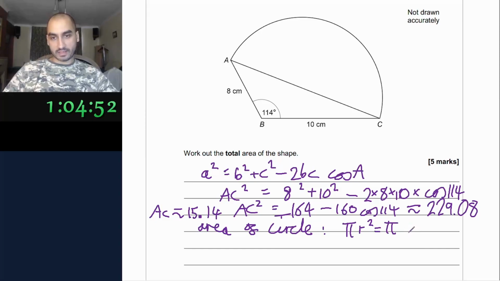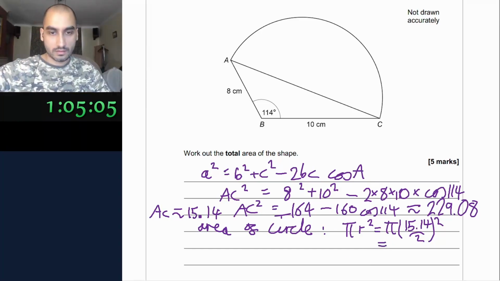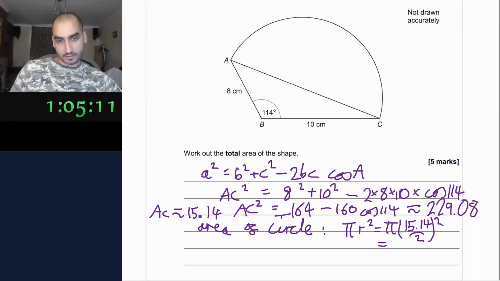Because pi times 15.14 over 2 squared, and all of that divided by 2, area of semicircle equals half pi r squared.